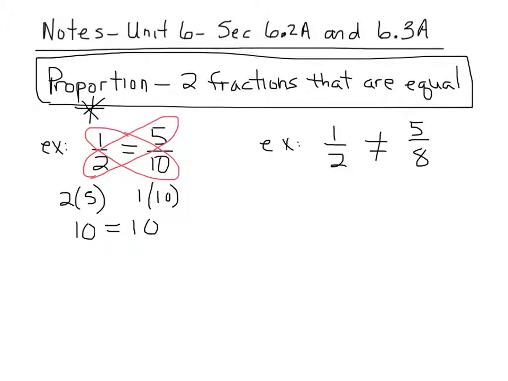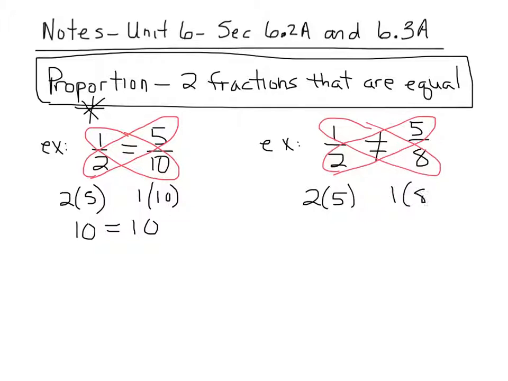Now over on the other side, it doesn't work. Watch. Cross multiply 2 times 5, and then cross multiply the other way, 1 times 8. 2 times 5 is 10. 1 times 8 is 8. Those are not equal. So this one is not a proportion.